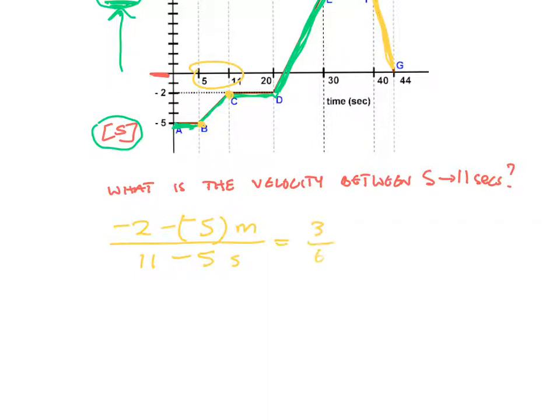So this gives us 3 over 6 meters per second, or 0.5 meters per second. We can see that it's not moving as quickly as the objects in the last graph. We can also see that it has a positive velocity, therefore it's moving in the positive direction, or the north direction.